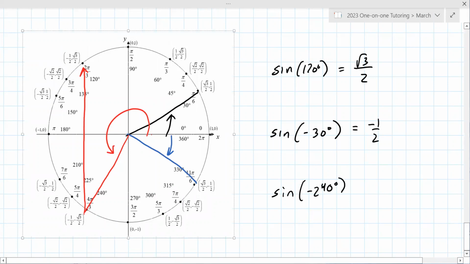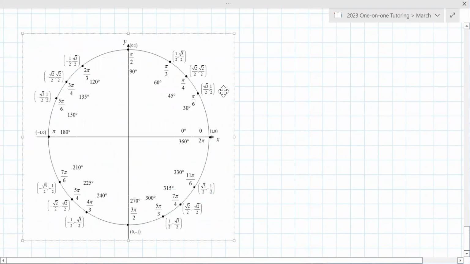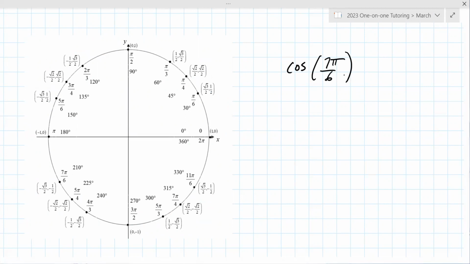Now let's do a couple of radian ones here. What is the cosine now? So cosine is the x value. The cosine of 7 pi over 6. Sorry, say that again. My volume went down. The cosine of 7 pi over 6.